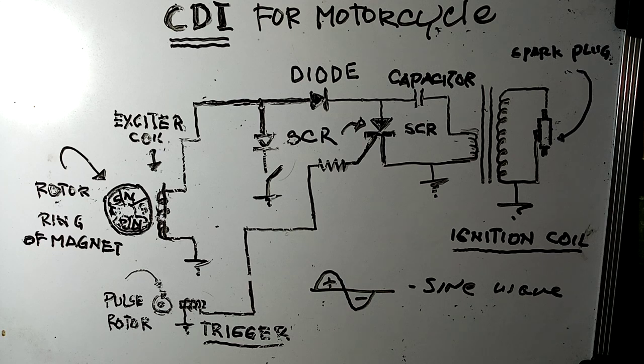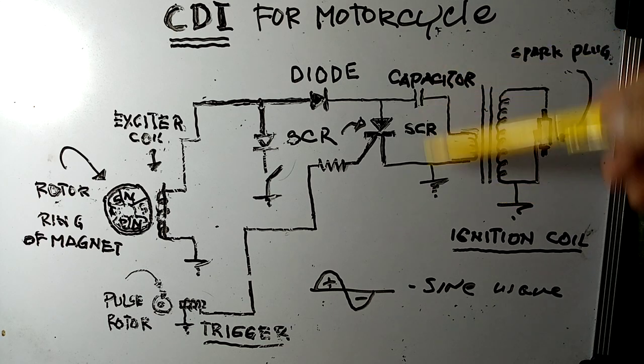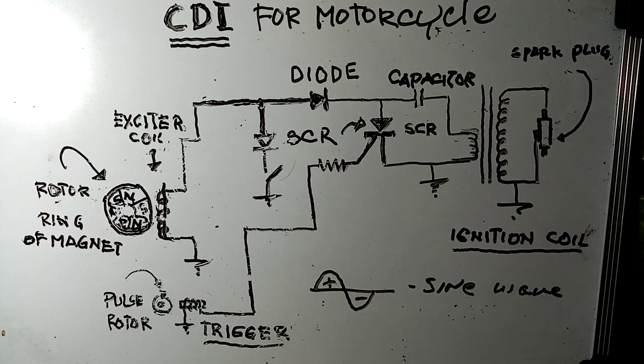We have here the ignition coil, which is the big deal in CDI, because it produces high voltage, which is 30,000 volts to 40,000 volts.